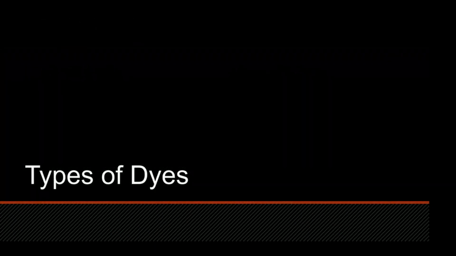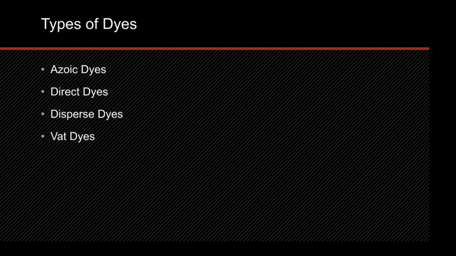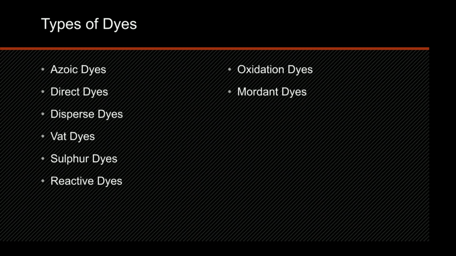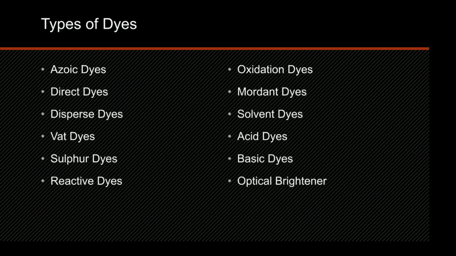Types of dyes: azoic dyes, direct dyes, dispersed dyes, vat dyes, sulfur dyes, reactive dyes, oxidative dyes, modern dyes, solvent dyes, acid dyes, basic dyes, and optical brightener.